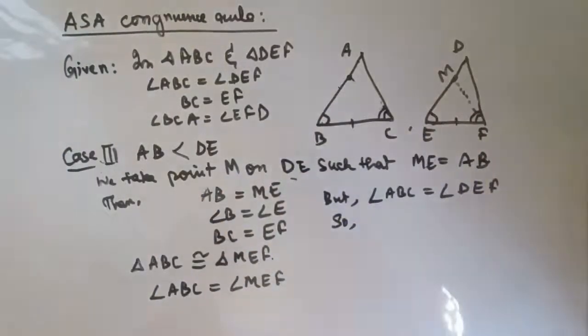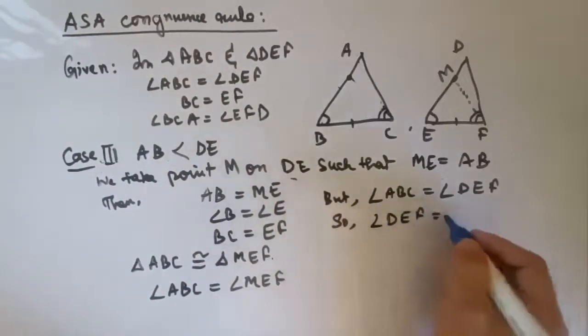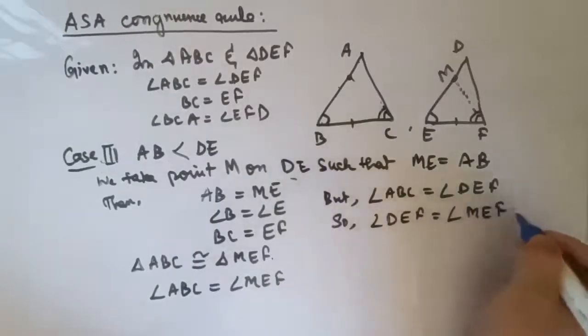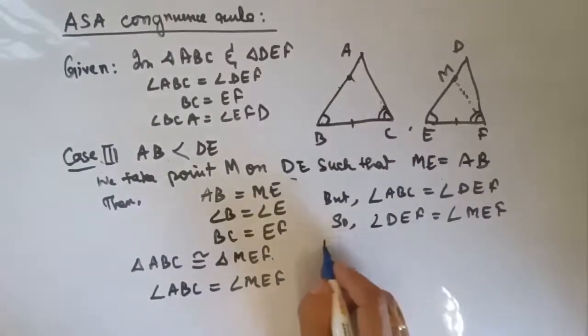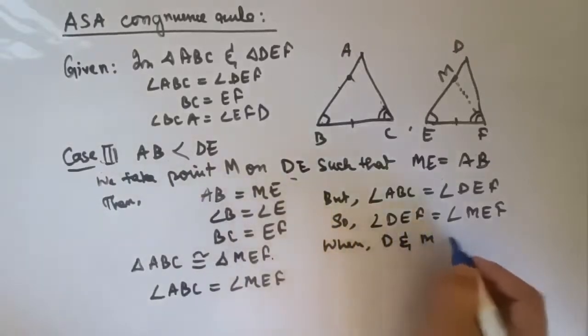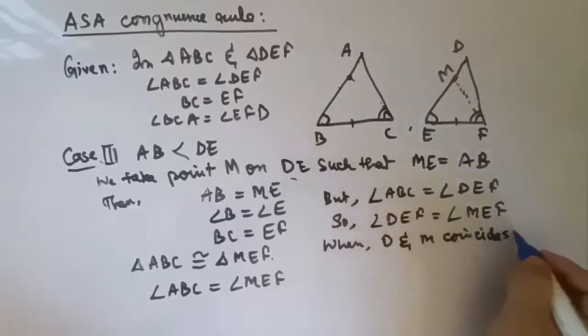So angle DEF is equal to angle MEF. This is only possible when D and M coincide with each other.